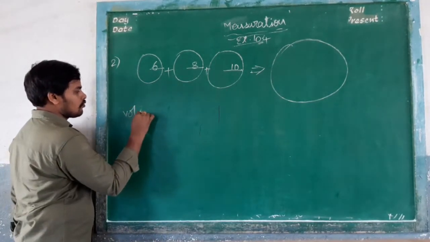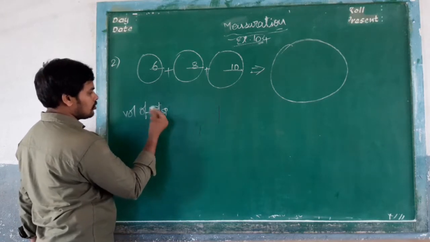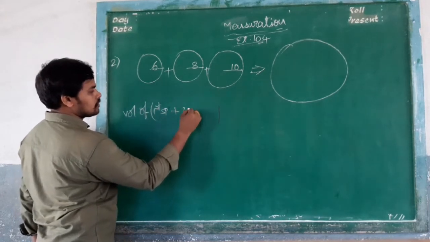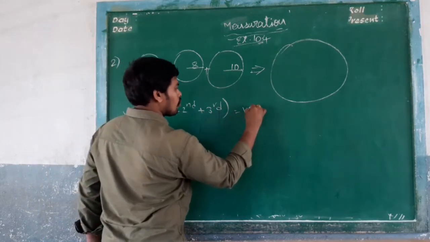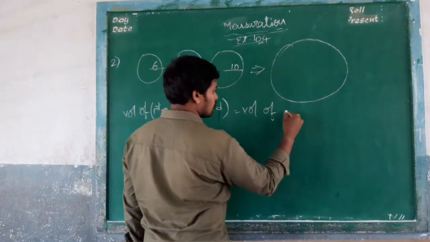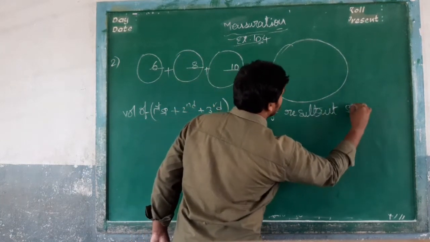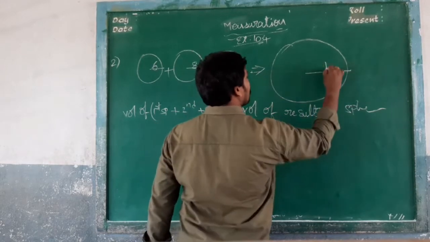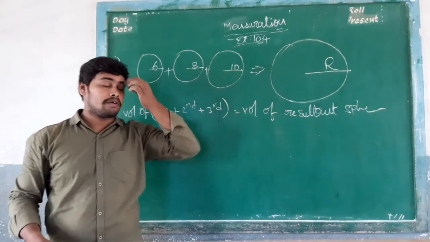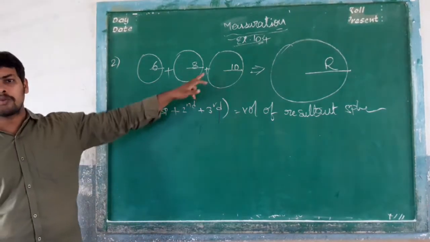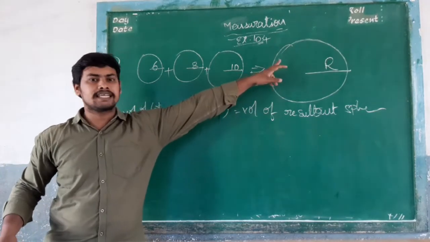So the volume of the first sphere plus the second plus the third is equal to the volume of the resultant sphere.